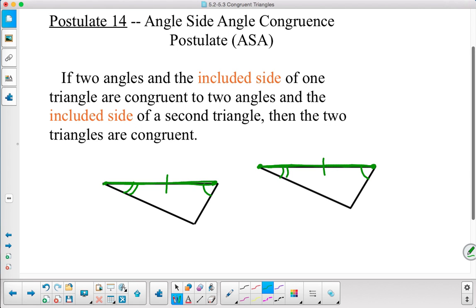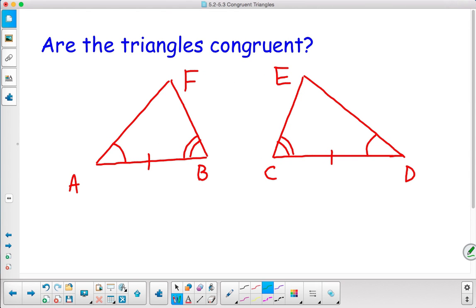If two angles and the included side of one triangle are congruent to two angles and the included side of a second triangle, then the two triangles are congruent. Get it in your notes. All right, let's see if we can come up with some examples. Are these triangles congruent?